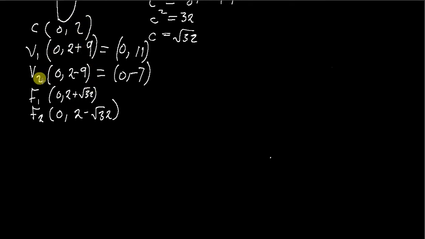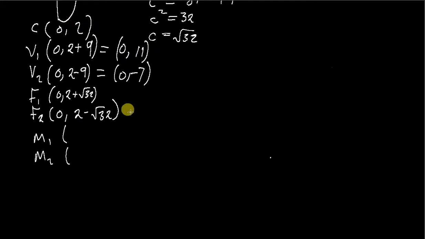The vertex, so we also have to find the minor axis, the m1 and m2, the coordinates of the minor vertices. So let's find this. We know that for the minor, the one that is going to be constant is the y coordinate.